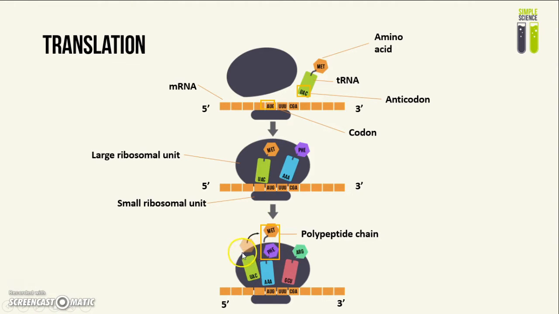So therefore, the amino acid on the first tRNA molecule is then moved here, and this is a growing polypeptide chain. And this sequence of events will continue, i.e. there will be more tRNAs coming, and the amino acid which they carry will then be added onto the polypeptide chain, and the previous tRNA molecule will be removed. This sequence of events will continue until a stop codon is met in the direction of 5' to 3'.